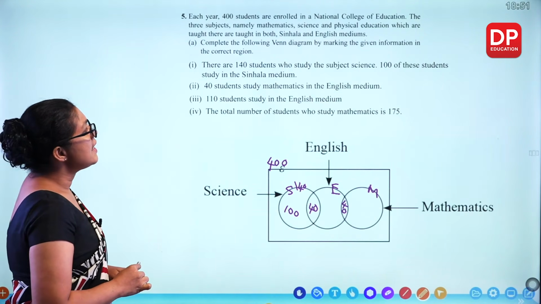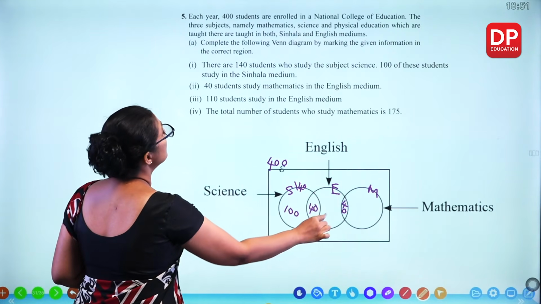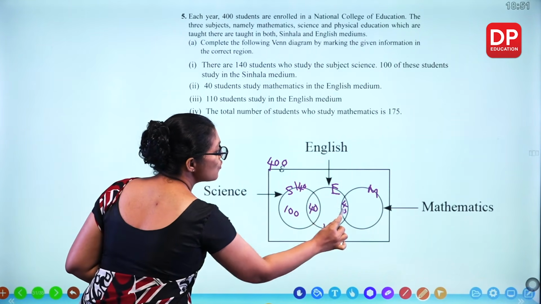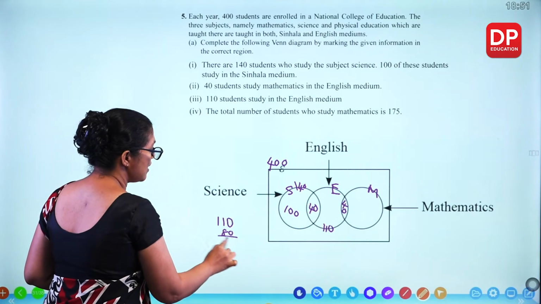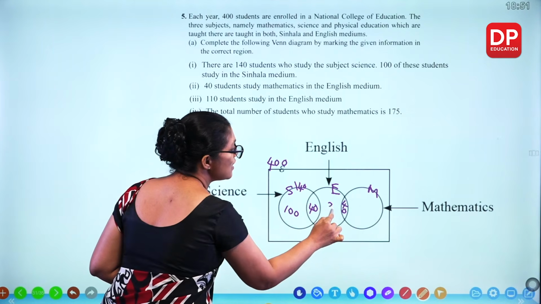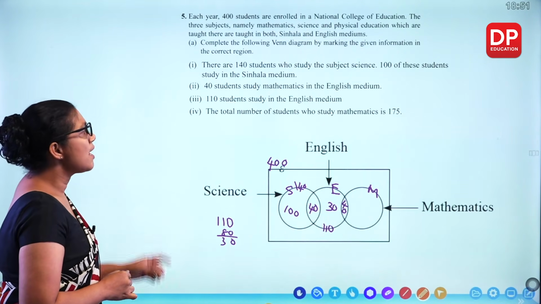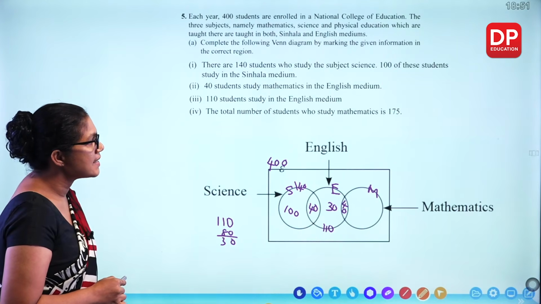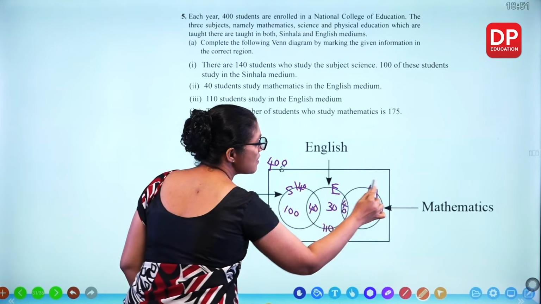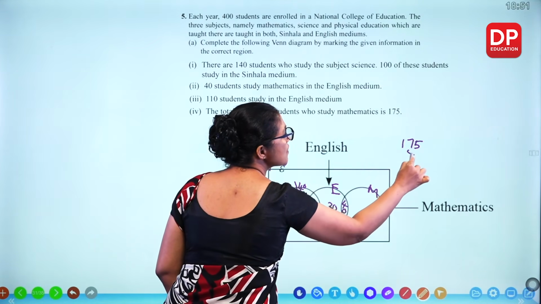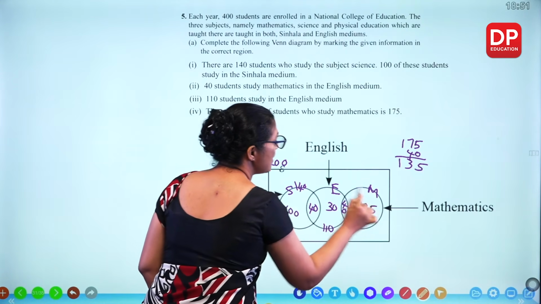110 students study in the English medium. So 110 is the whole circle. This one is 110. These two, 40, 40, 80. 110 minus 80, you get 30. So 30 is this region. Last one, the total number of students who study mathematics is 175. So this whole thing is 175. 175 minus 40, you get 135 here.